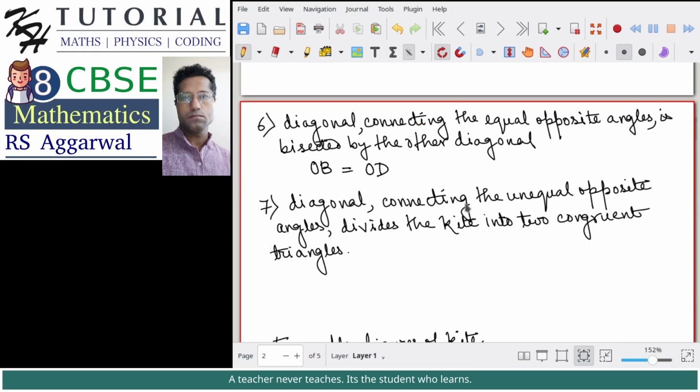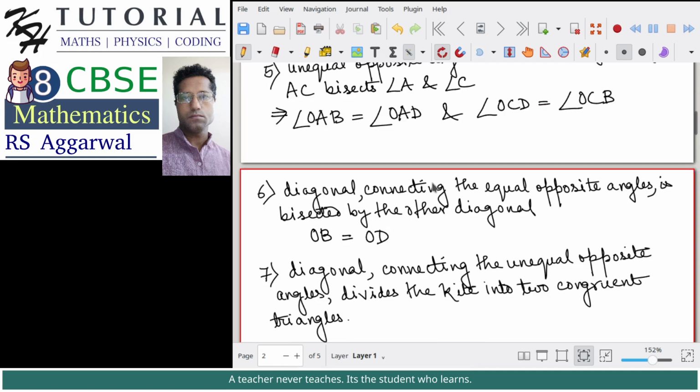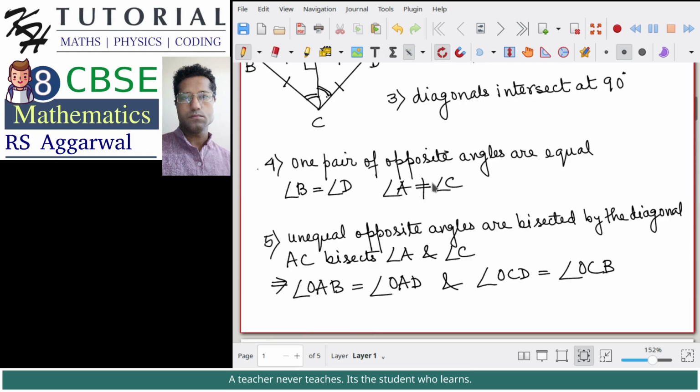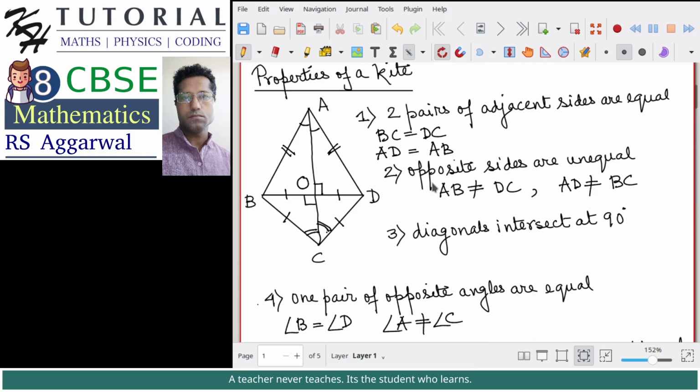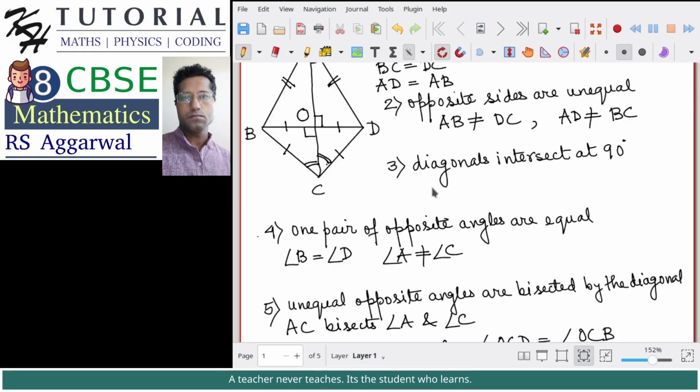What is property 7? The diagonal connecting the unequal opposite angles divides the kite into two congruent triangles. That is the other diagonal, which is AC. AC will divide the whole kite into two congruent triangles, triangle ABC and triangle ACD.